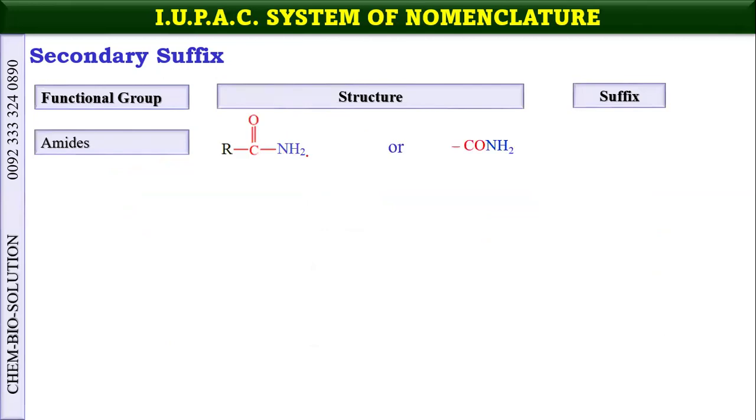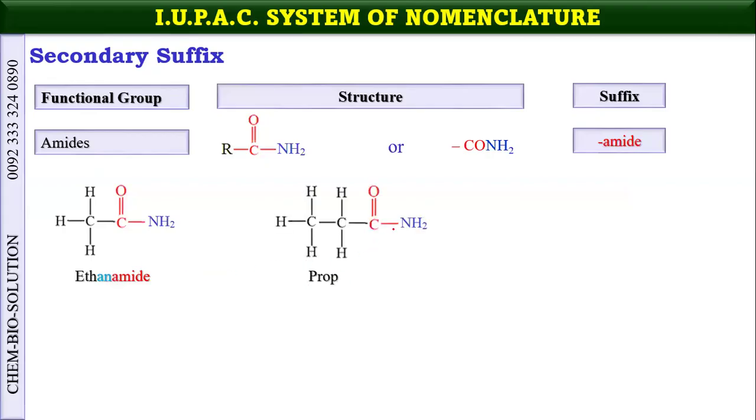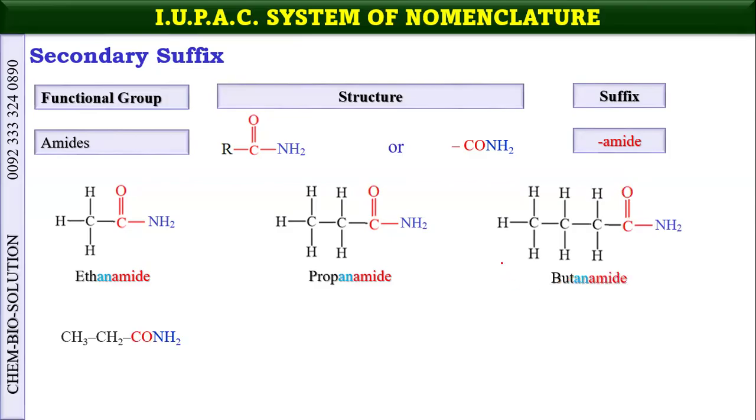Now see, amides. Amides can be written like this or like this. So again, ethanamide, because of the A, E has been removed. Propanamide, butanamide. Again, this is the structural formula of propanamide. This was the displayed formula, not fully displayed because functional groups are not displayed. We have not written the bonds between nitrogen and hydrogen.